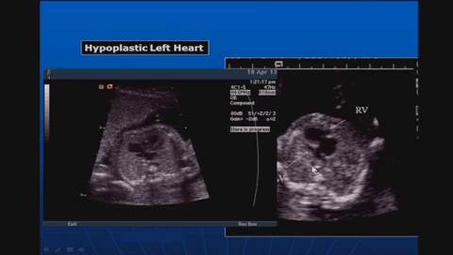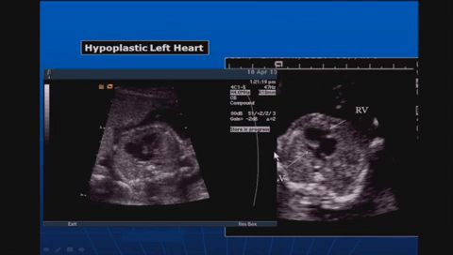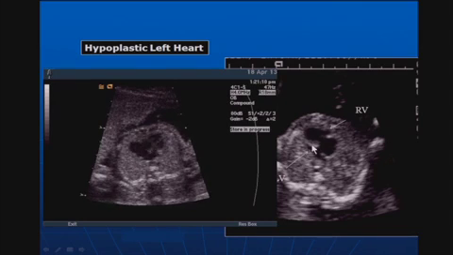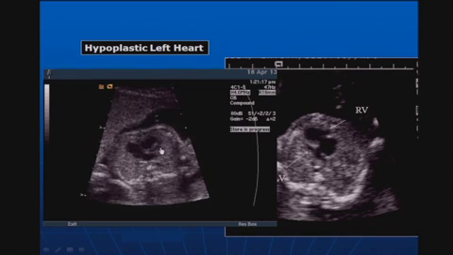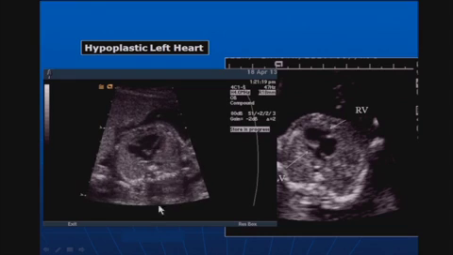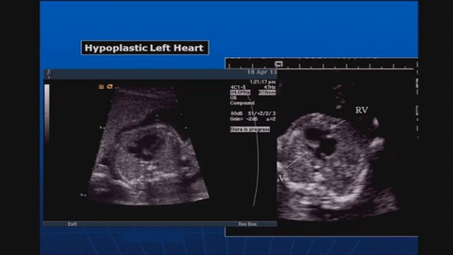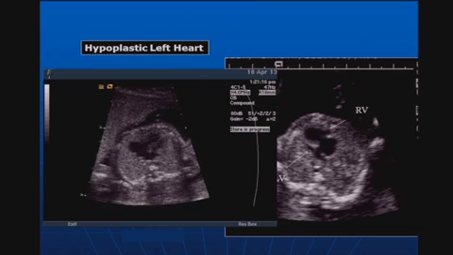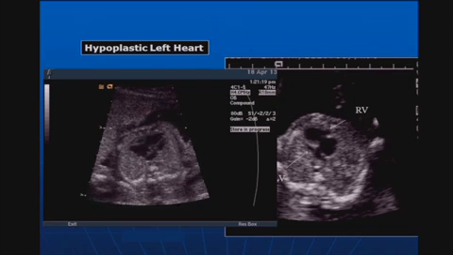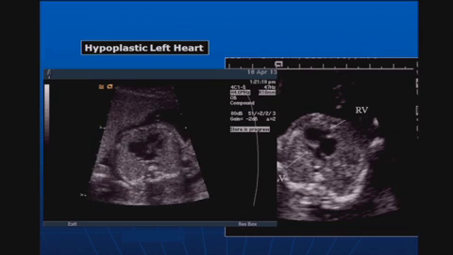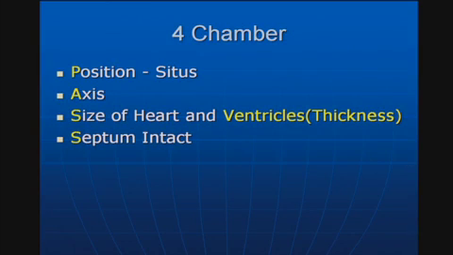On the other hand, we have, in this case, hypoplastic left heart, where the left ventricle in one case is much smaller, and in this case, in real time, left ventricle is much smaller than the right ventricle. These cases we must recognize, because they're hypoplasia not only of the left ventricle, but the left atrium and the aortic outflow tract.